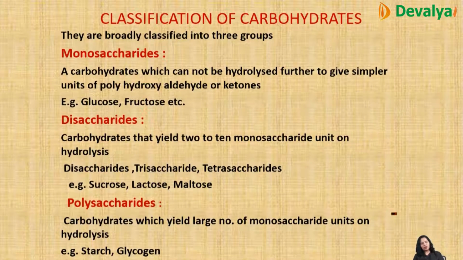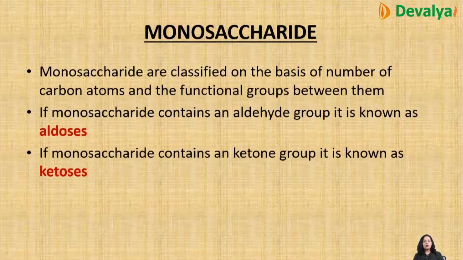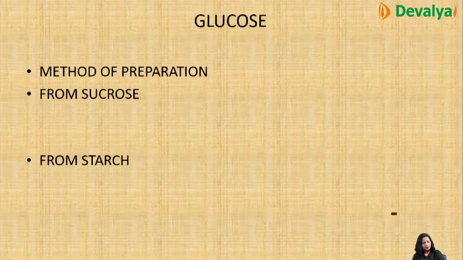Monosaccharides are classified on the basis of the number of carbon atoms and the functional group. If the monosaccharide contains an aldehyde group, as in glucose where CHO is there, we call it aldose, and when a ketone group is there, we call it ketose.